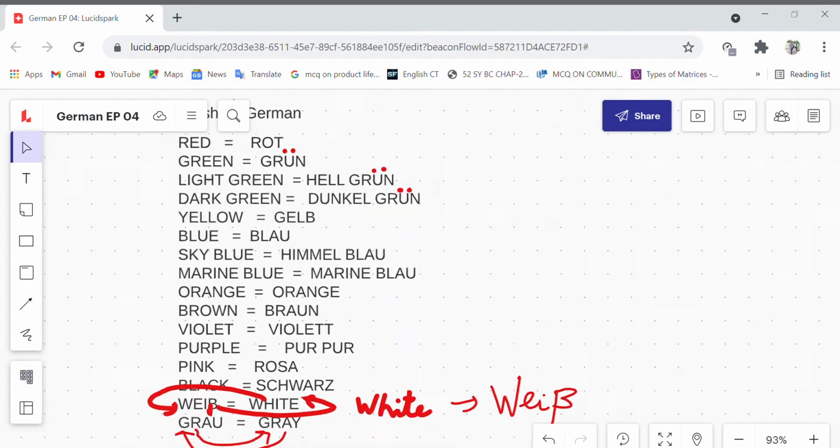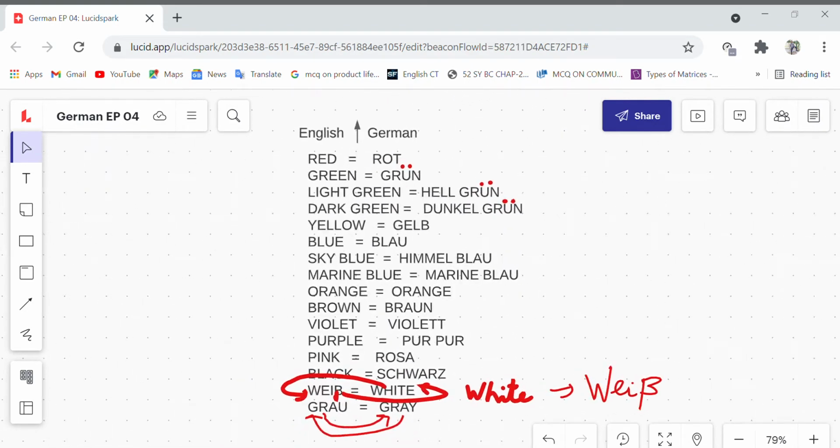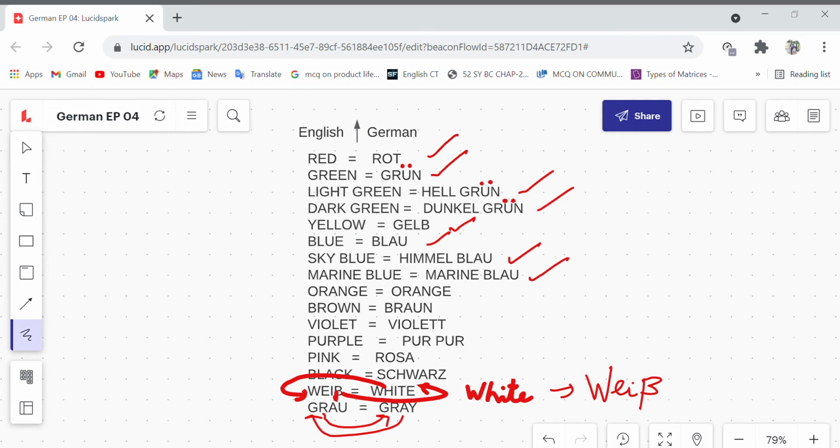Now take a screenshot. I'm minimizing it. Red rot, green grün, light green hellgrün, dark green dunkelgrün, yellow gelb, blue blau, sky blue himmelblau, marine blau, orange orange, brown braun, violet violett, purple purpur, pink rosa, black schwarz, white is weiß, grau is grey.